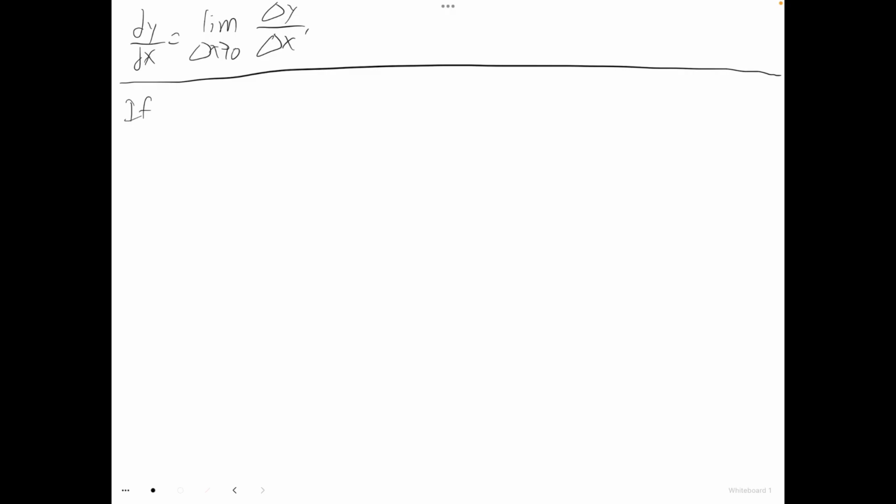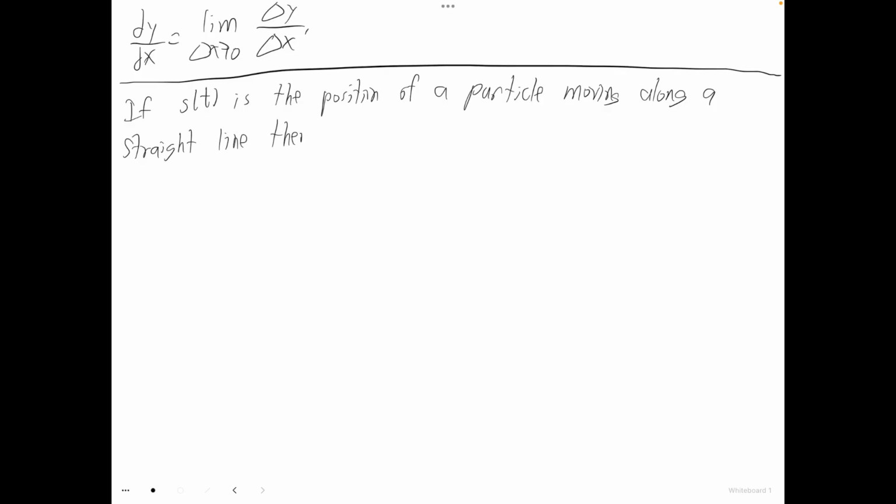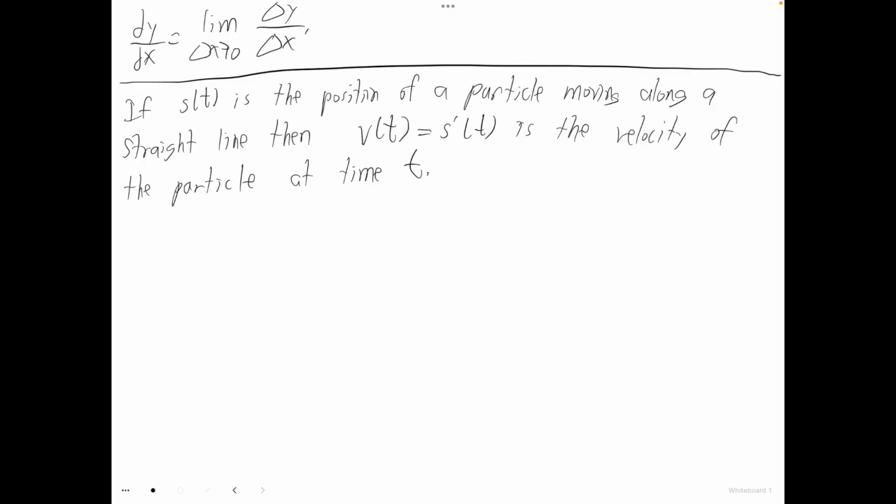And so if s of t is the position of a particle moving along a straight line, then v of t, which equals the derivative of position, is the velocity of the particle at time t. So we've talked about this before.